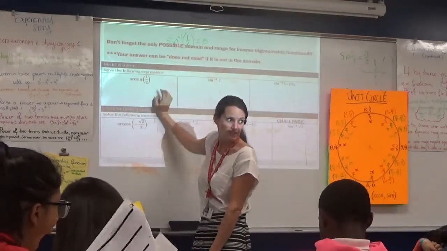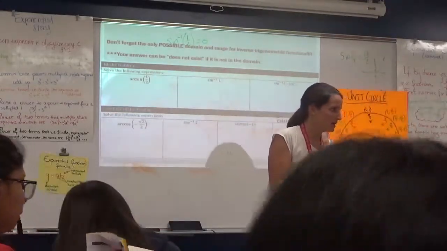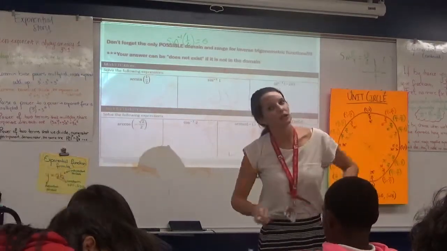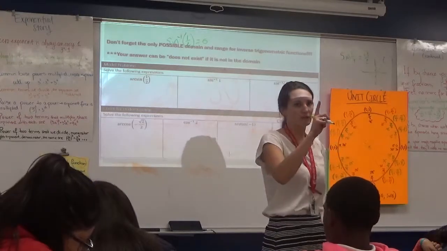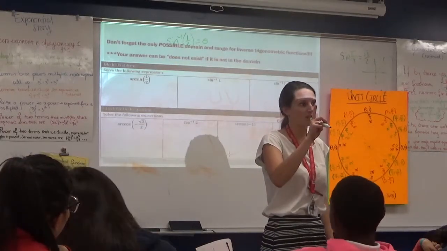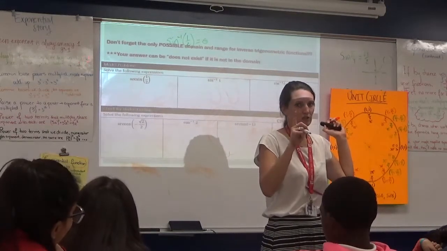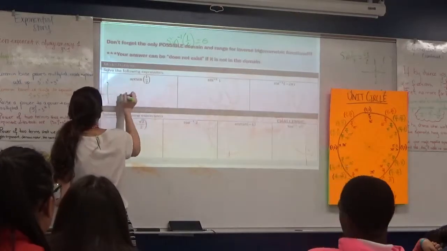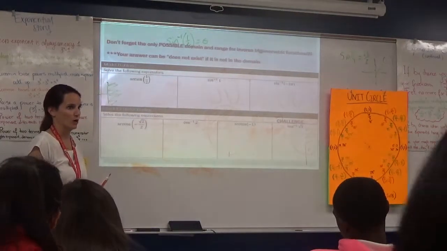We said what angle will give us y, or sine, equal to 1/2, and y'all said 30, 150, 390. But only one of those we want to keep when we're talking inverse. So looking at our quadrants, what is the only one that would fall in quadrant 1 or quadrant 4?